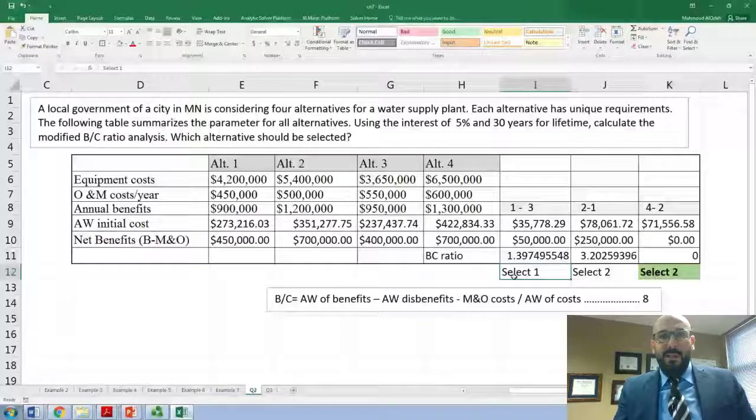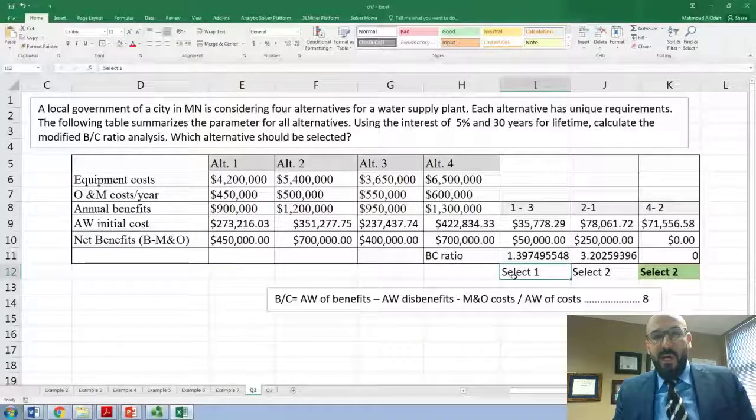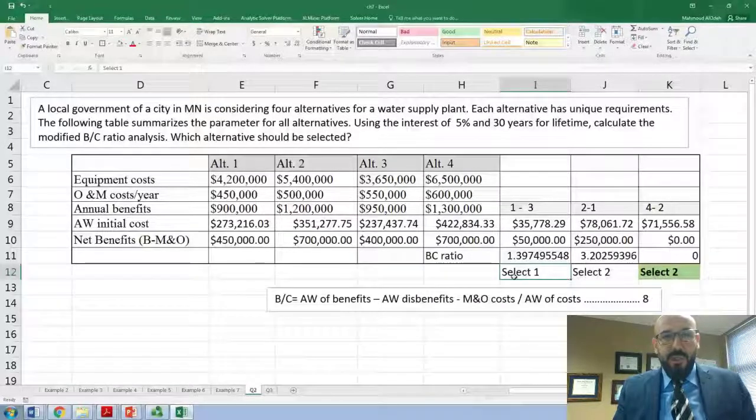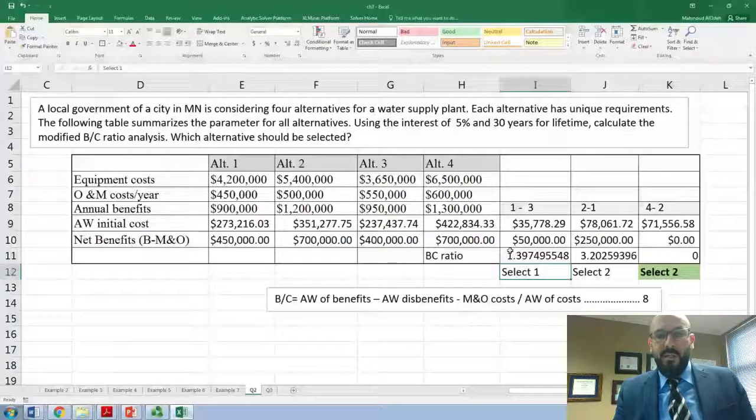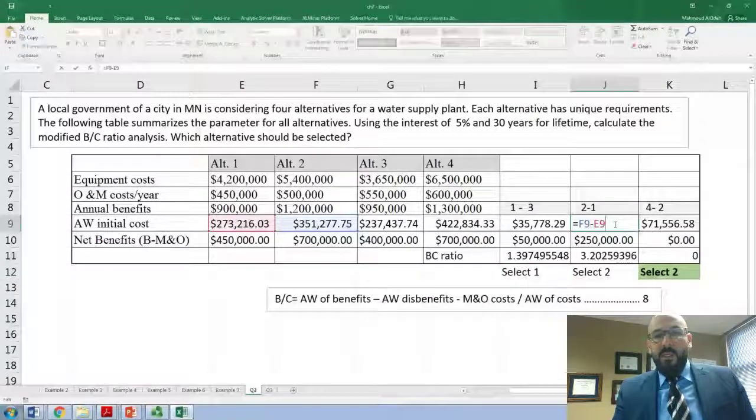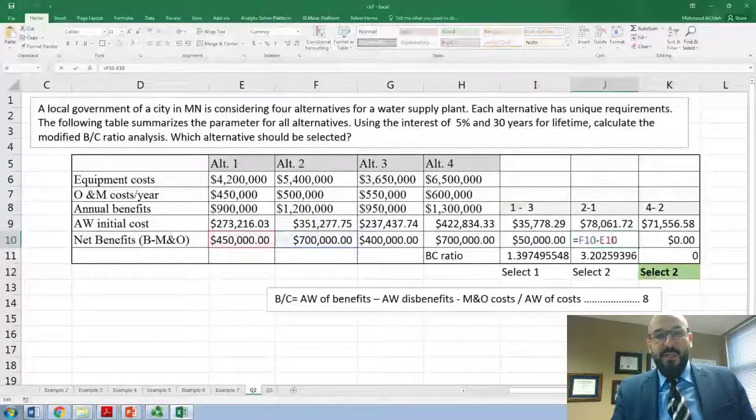So now in the game are 1, 2, and 4. Now let's move on to the next higher initial cost, which is 2. You know that 2 has the higher initial cost, so we subtract 1 from 2 for the initial cost, and the same thing for the net benefit.